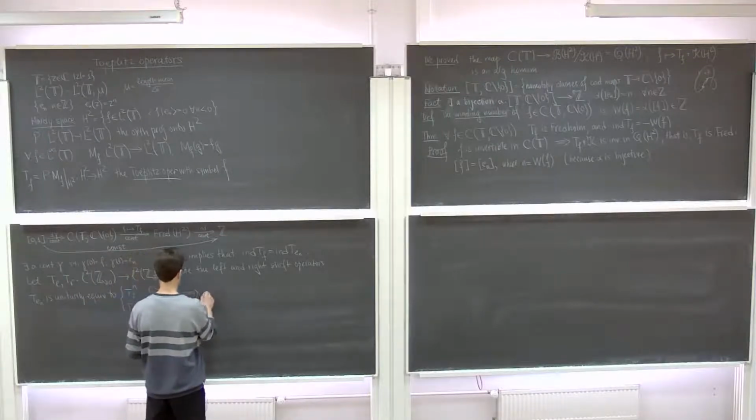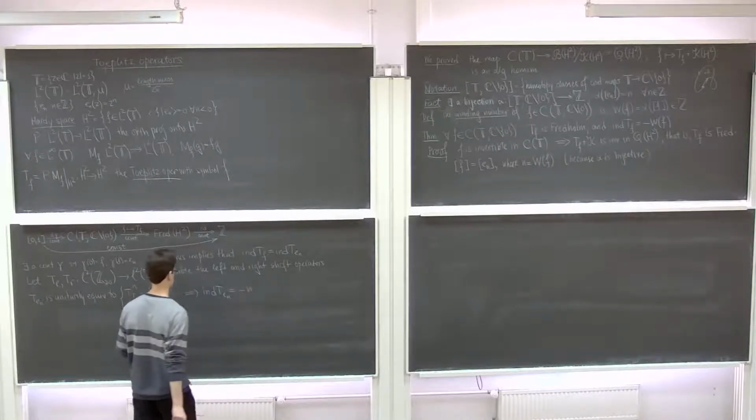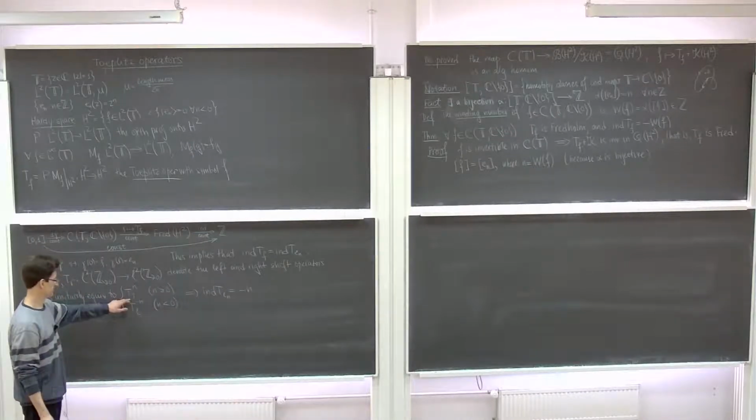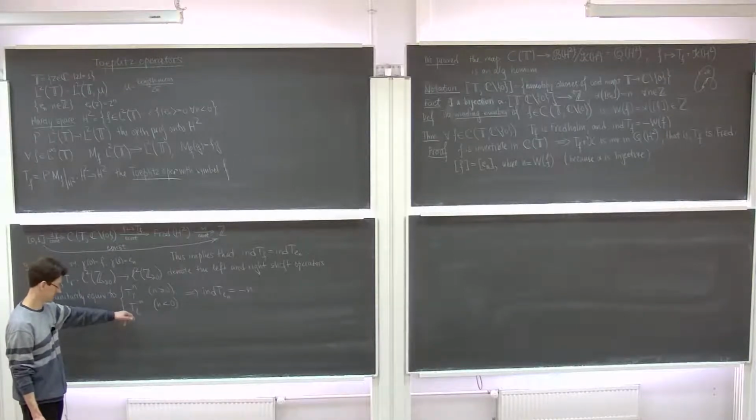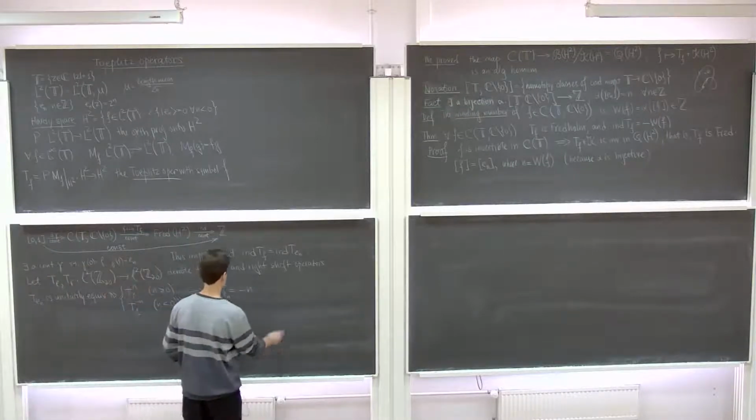So in both cases, we conclude that the index of T_En is equal to minus n. The index of this operator is equal to minus n, and the index of this operator is also equal to minus n if n is negative. And this completes the proof.